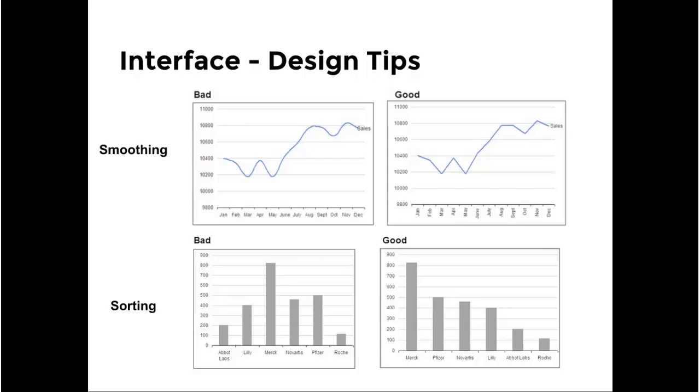And then sorting: if things are categorical and they're not moving over in a time series graph, it's typical to move those categories from left to right with, again, the thing that you want to communicate most importantly on the left, and the thing you want to communicate least importantly lower and down to the right. So here you can see how Merck and their sales are much higher, and so I can order rank Merck, Pfizer, Novartis, Lilly, Abbott Labs, and Roche.